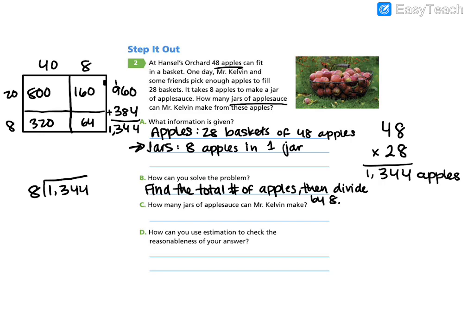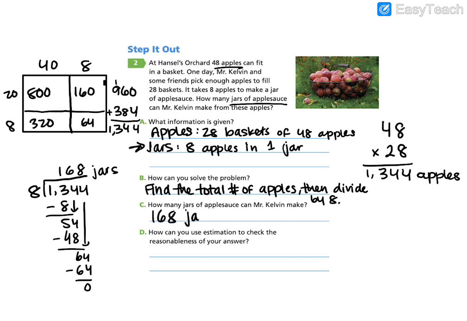Press play when you're ready to check your work. Right, over here I used standard long division to show that there are 168 jars. So how many jars of applesauce can you make? 168 jars of applesauce.